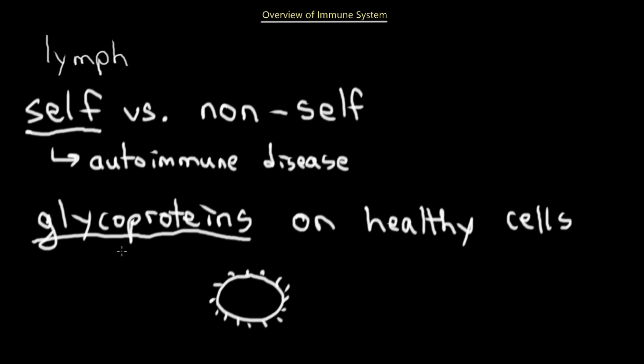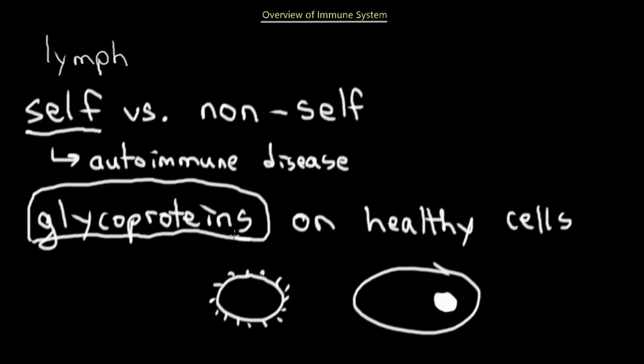So it's a combination of sugars, carbohydrates, and proteins, and these molecules will be there to indicate to the large phagocytes that they cannot just come in and eat them, because they are self, they are allies, they are part of the same system. Whereas a bacteria would come in with different glycoproteins on its surface, and therefore the cells of the immune system would recognize that, and they would perform phagocytosis to remove them from the body.